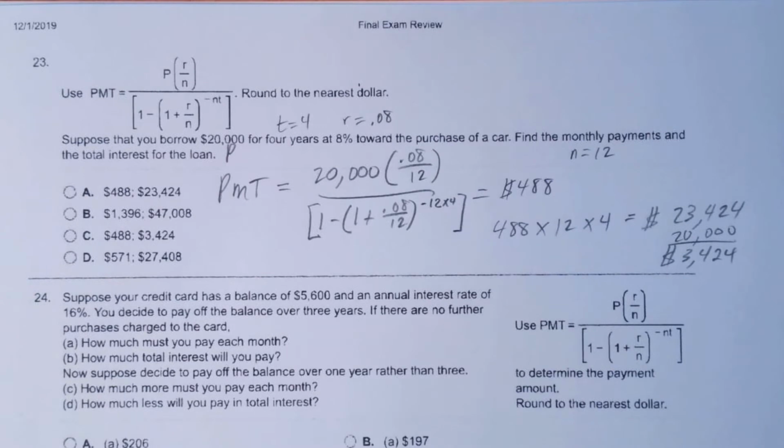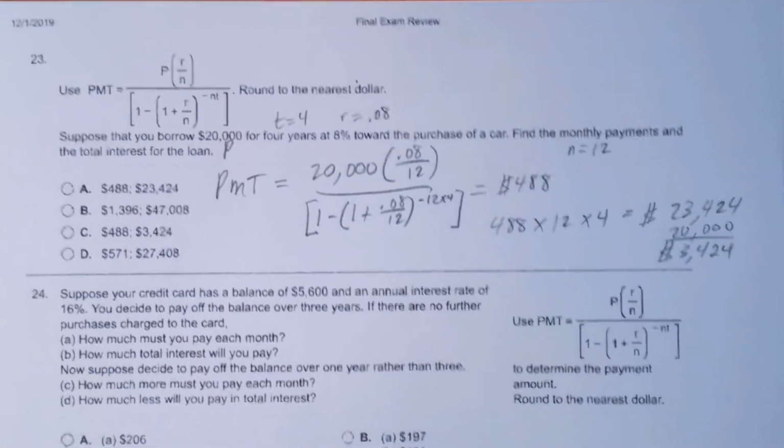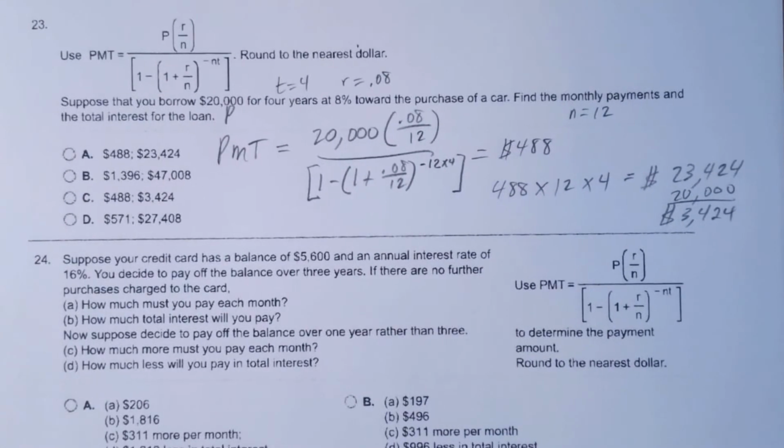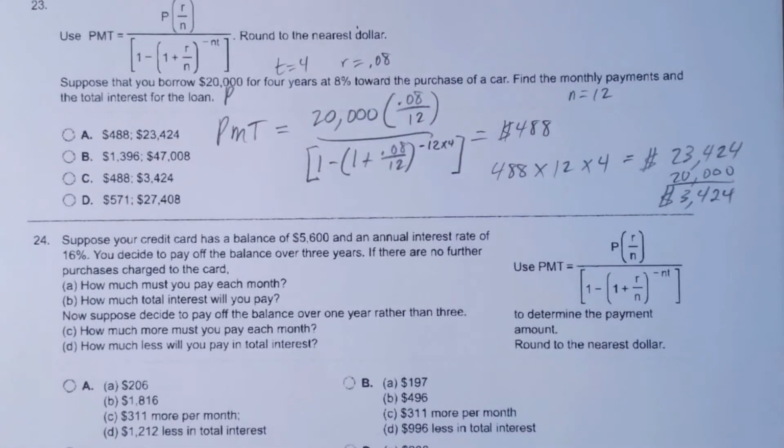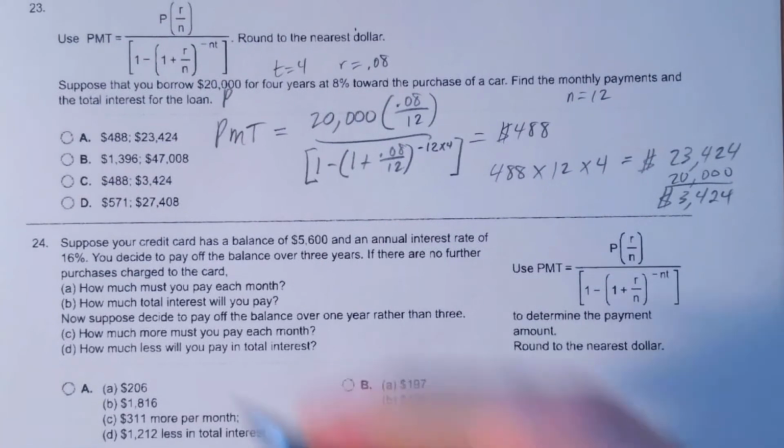Now, the question you have to ask yourself is, is it worth it for me to spend that much money in interest for 4 years in order to borrow this money, or do I want to wait a little bit longer so I don't have to borrow so much money? And those are the kinds of questions you have to ask yourself when you make a big purchase. Anyway, that would indicate that our answer is letter C here.